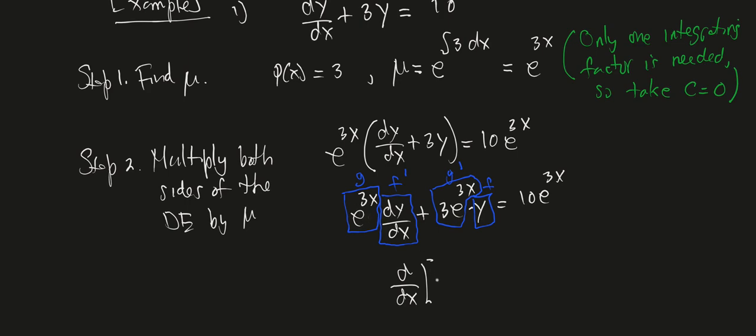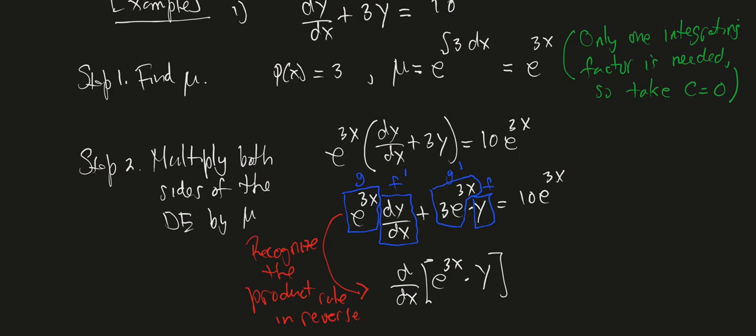I can write it as e^(3x) times my unknown function y. We're not doing a particular process. The only thing we're doing is recognizing the product rule in reverse.